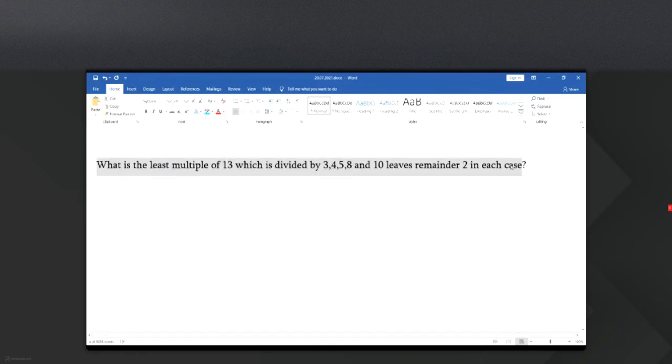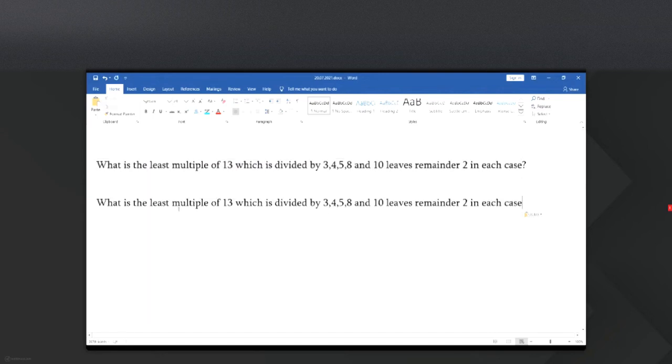But when you want to solve this, forget about the least multiple of 30. What is the least number which, when divided by 3, 4, 5, 8 and 10, leaves remainder 2 in each case?